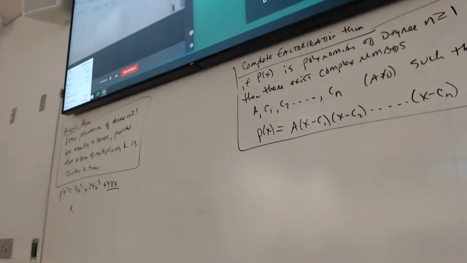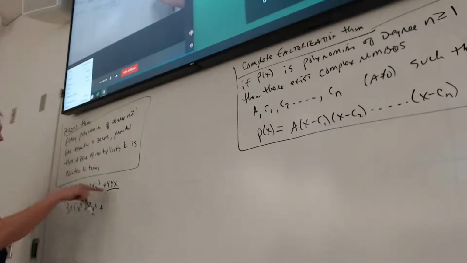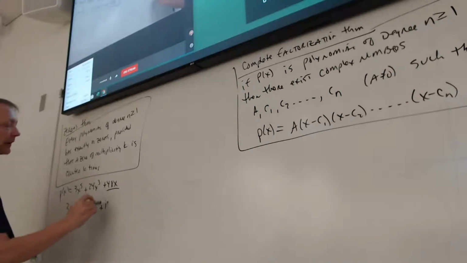Let's take out the 3x. If I pull out a 3x, I'm left with x to the fourth plus, you said x squared, what's the coefficient? 7? No, it's 8 actually. 8x squared plus 3 out of 48 is 16.